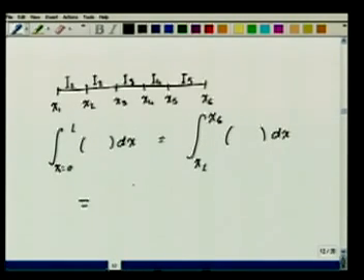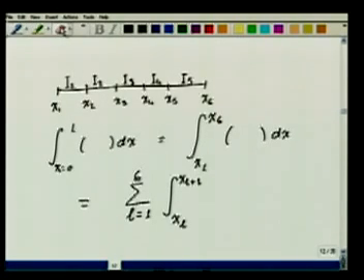which we can write as a sum over L going from 1 to 6 of the integral from xL to xL plus 1. Sorry, this should not be 6, this should be 5.